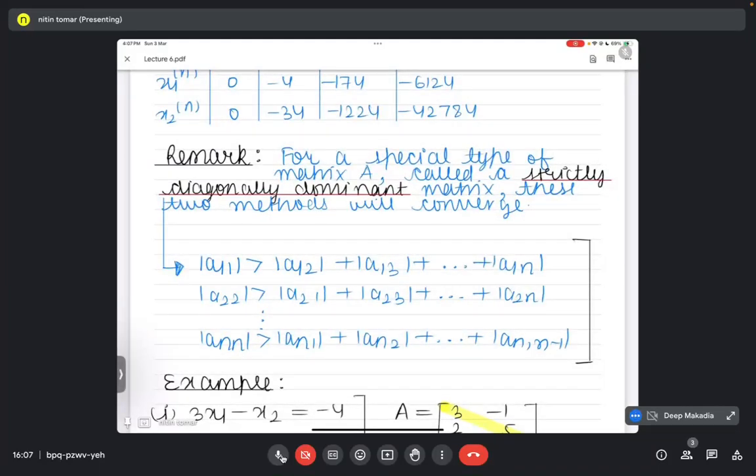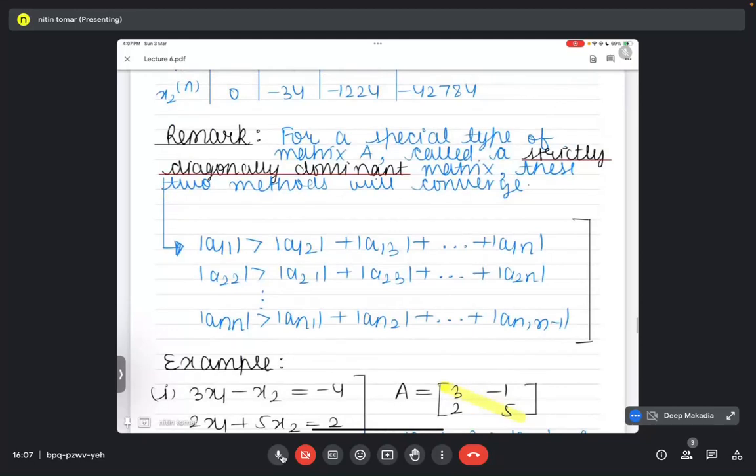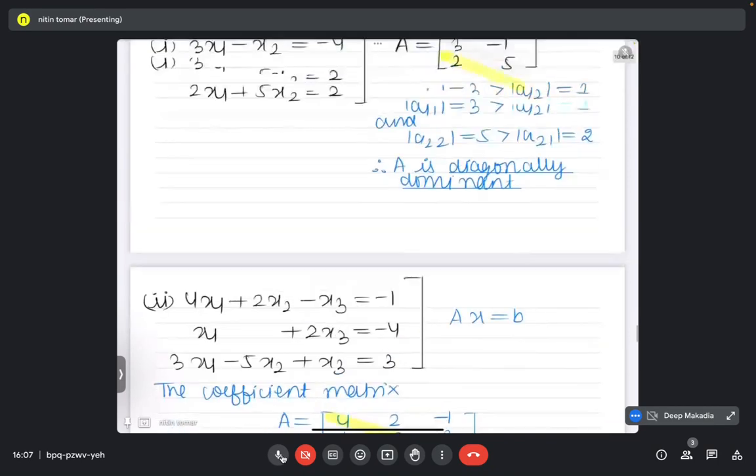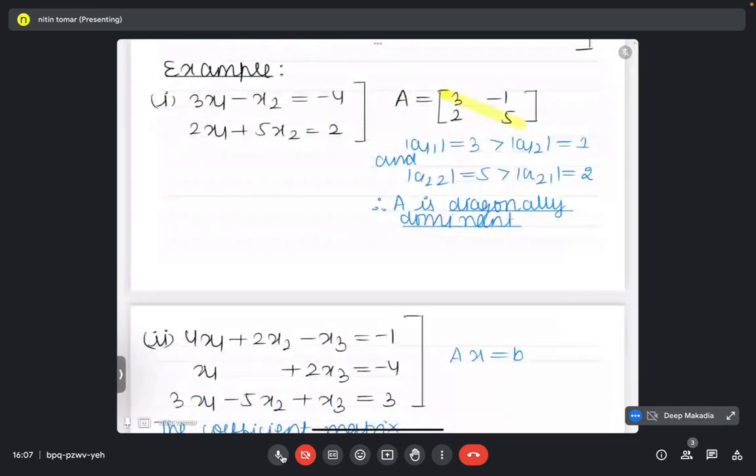Am I correct? So is this matrix diagonally dominant? This is diagonally dominant, right? Okay, good. Now how about this one? This is not diagonally dominant because of the second row. Yeah, good.